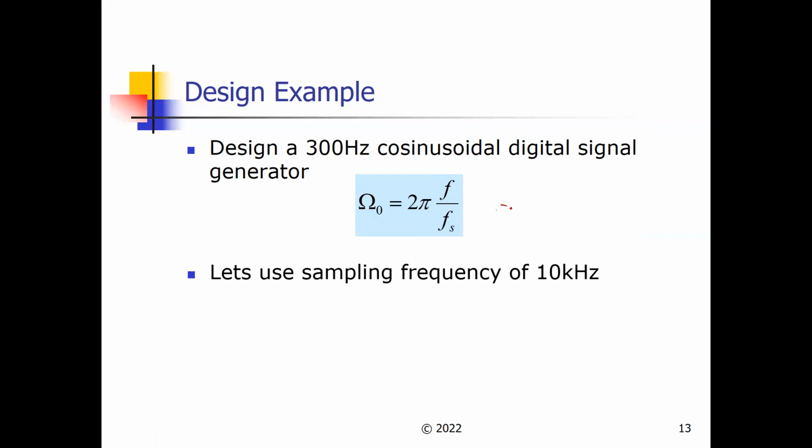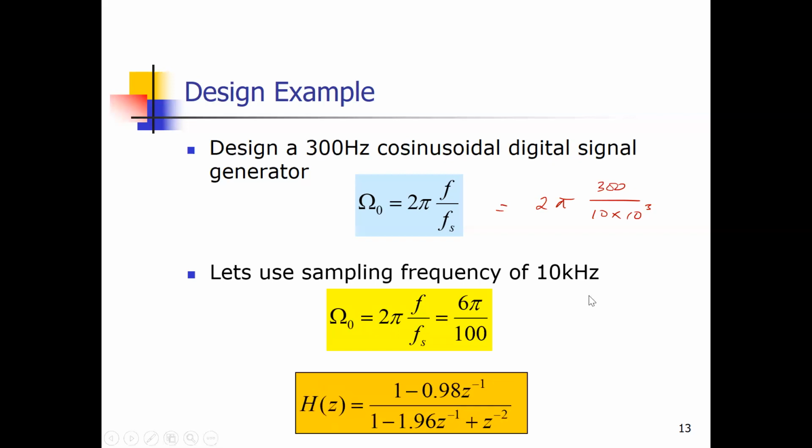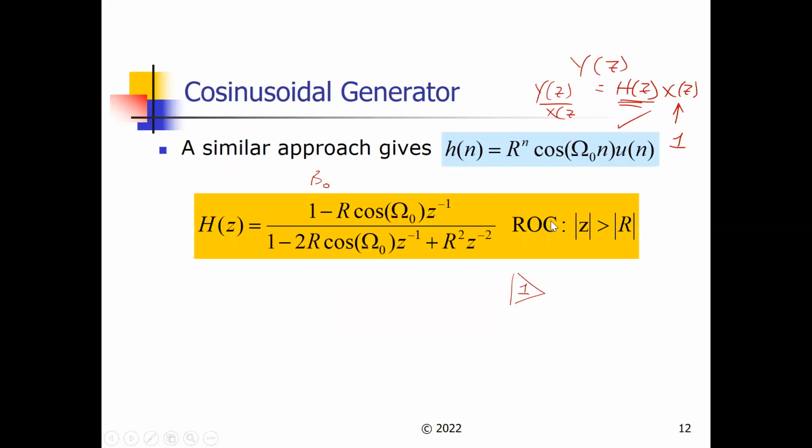So omega 0 is therefore going to be 2 pi times 300 over 10 times 10 to the power 3. Work it out, so you have omega 0 here. And if omega 0 is that, it's a cosinusoidal.